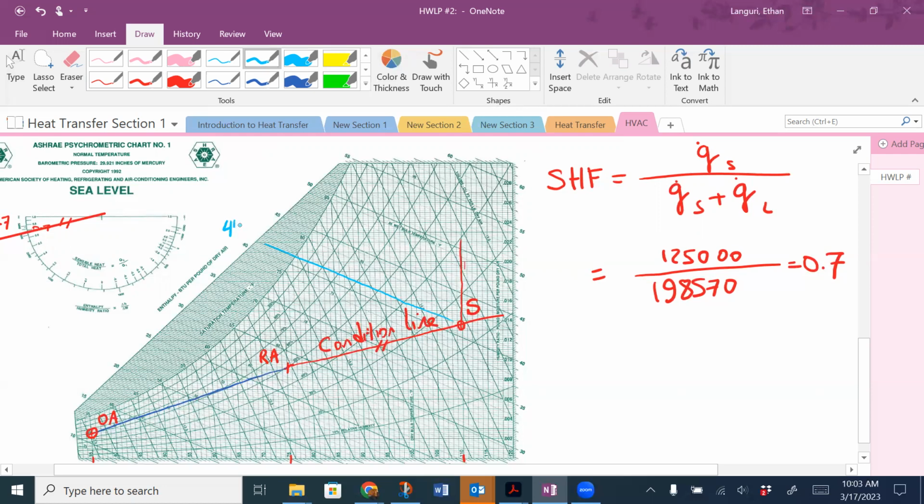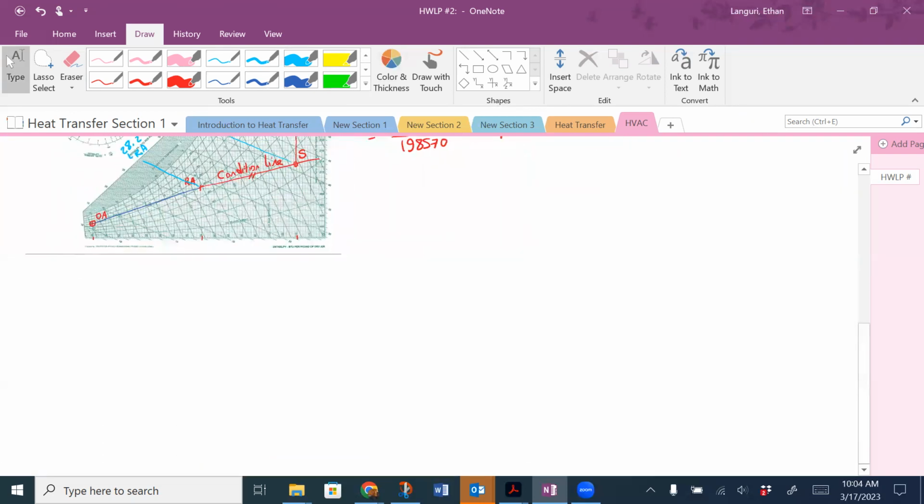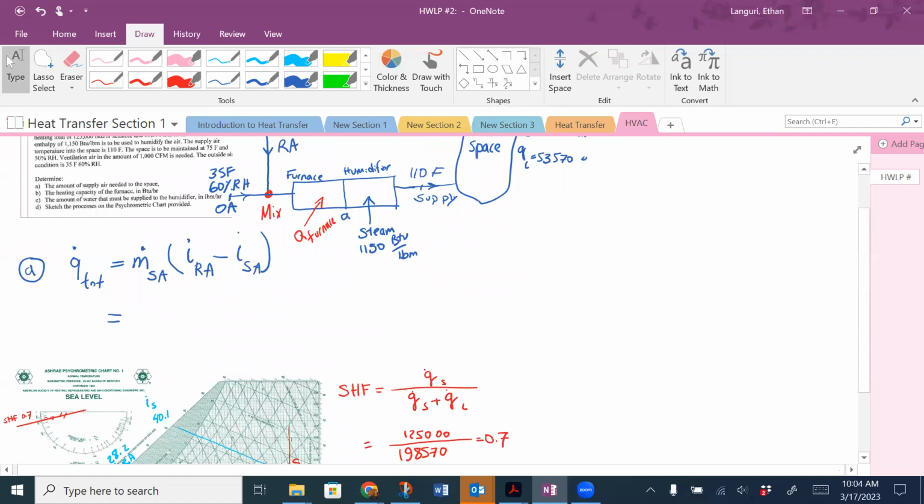So let's call it a little bit over 40, 40.1. This is for the enthalpy of supply. And for return, if I go along these constant lines of enthalpy, I have perhaps 28.2 for the enthalpy of my return air. So let's use these two numbers in our calculation.